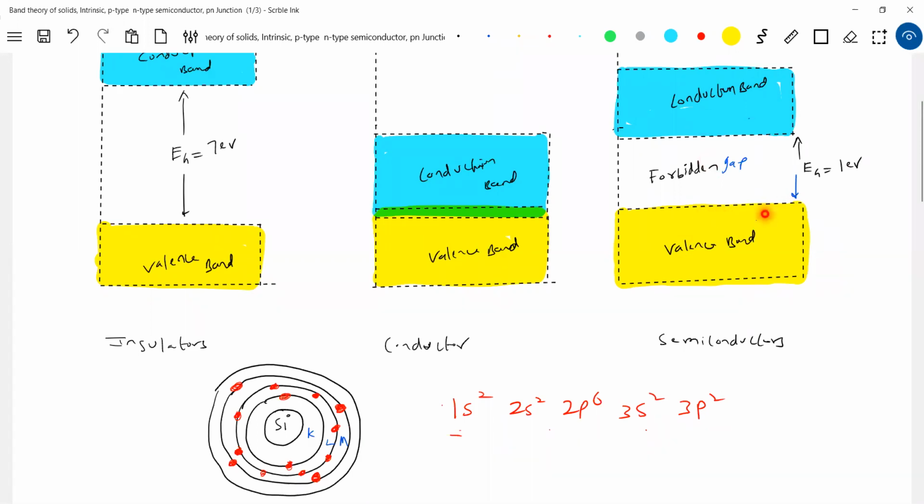So as you vary the temperature, some of the electrons from the valence band will jump to the conduction band.